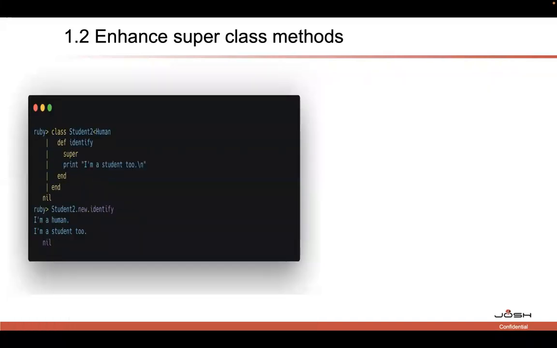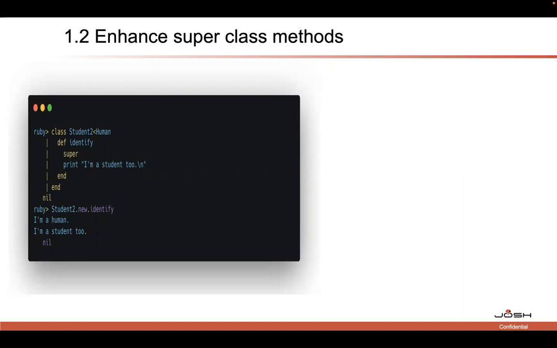Suppose here I am printing student, and I just want to enhance it. Since a student is also human, I want both functionalities. I want the execution of the same method from the parent class, and I also want to execute my method.